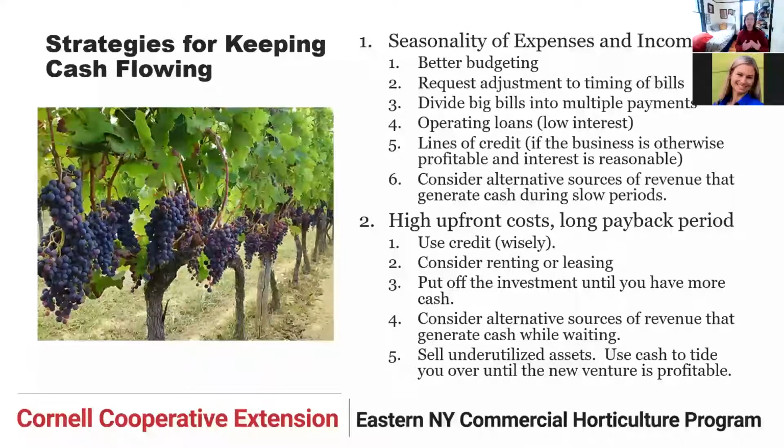If you can get a low interest operating loan, that could keep you from having to get a panic high interest loan, or not being able to get a loan when you have a crisis or something unexpected happens, to tide you through. Establishing a line of credit, if your business is otherwise really profitable and your interest is reasonable, is a good thing, so that you have access to credit, ready to balance out costs during the year.